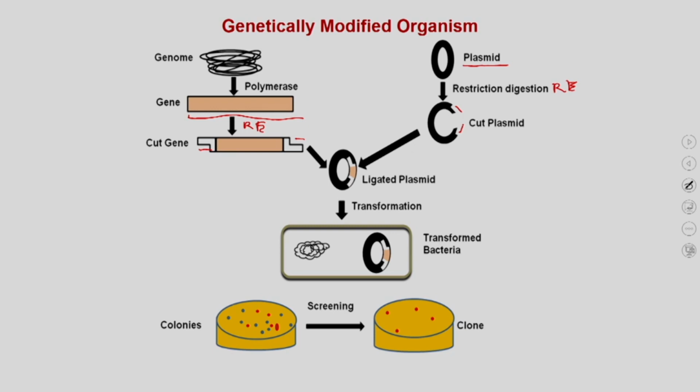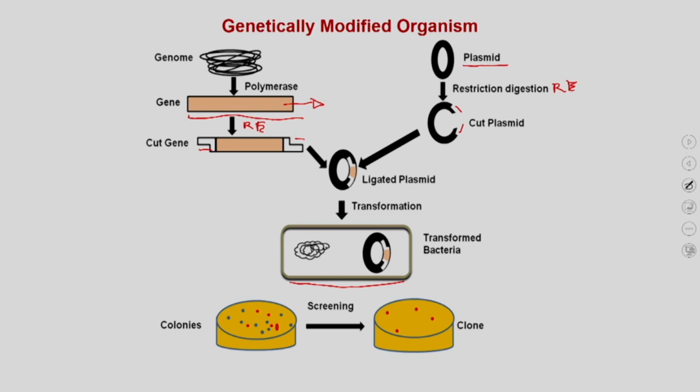You then transform this chimeric plasmid into the bacteria or other organisms which you are interested in modifying, and as a result of this transformation you get new bacteria or new organisms with the additional traits provided by this particular gene.